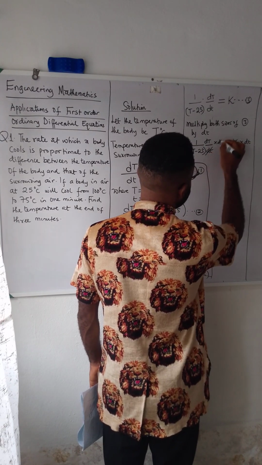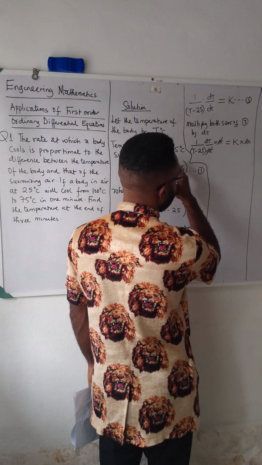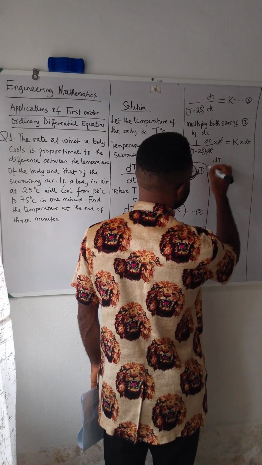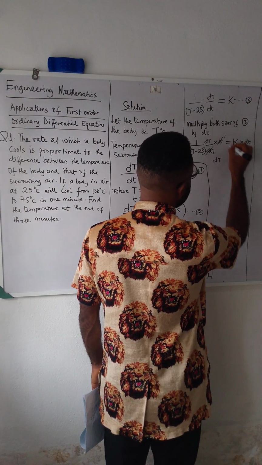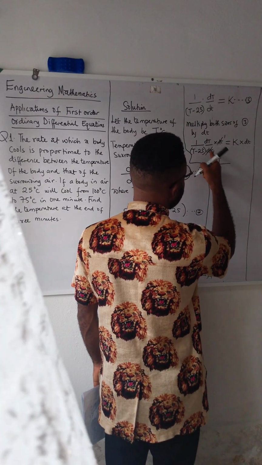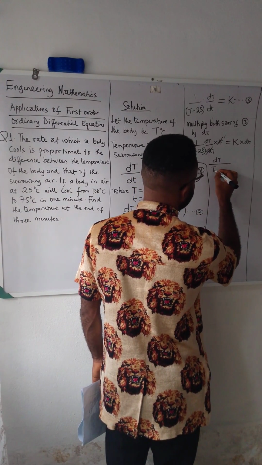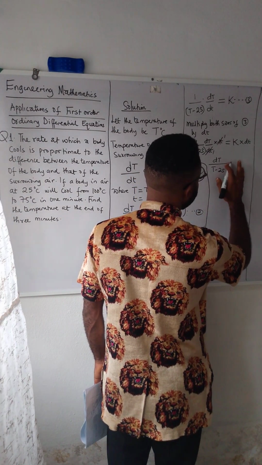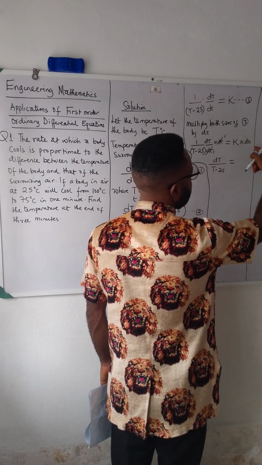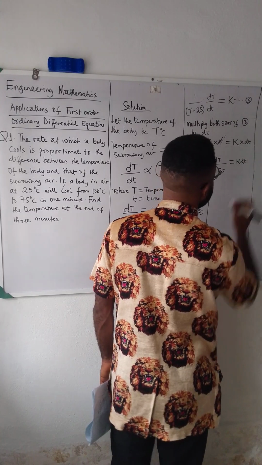If you look at this, this will cancel out, and so for the left hand side you are going to have 1 times dT will give us dT, all over 1 times T minus 25 will be T minus 25. This will be equal to k times dt, to give us k dt.